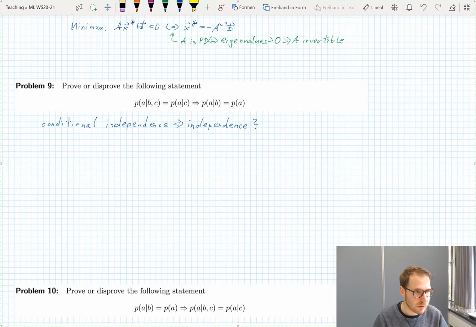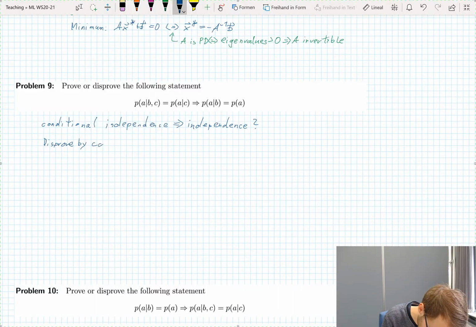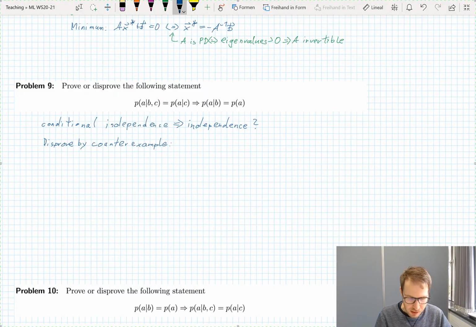Okay, so we know it is false, so we disprove by counterexample. And we want a rather descriptive counterexample, so let's construct one. Okay, we imagine a coin. We don't know if it's fair or unfair.